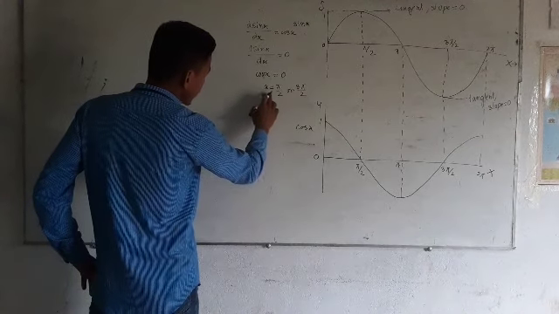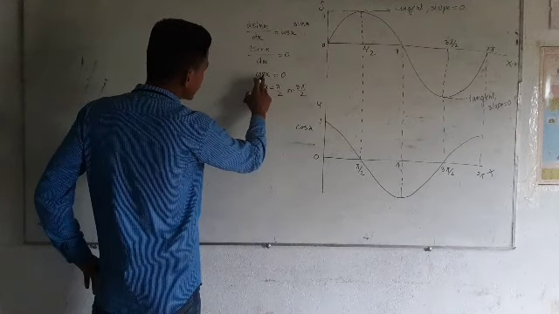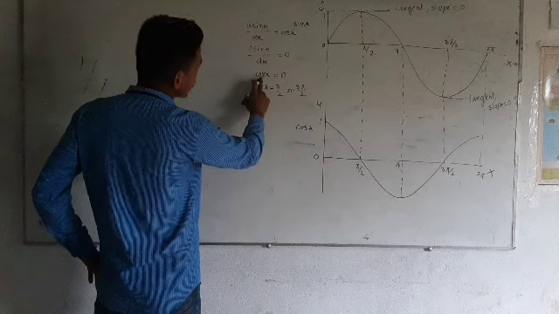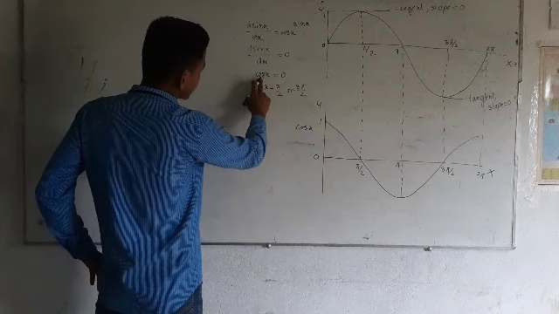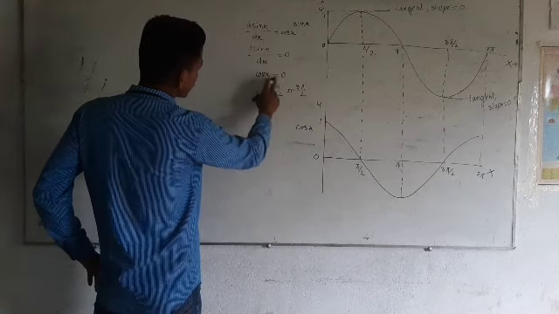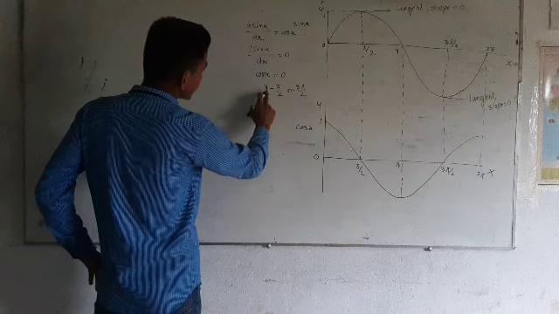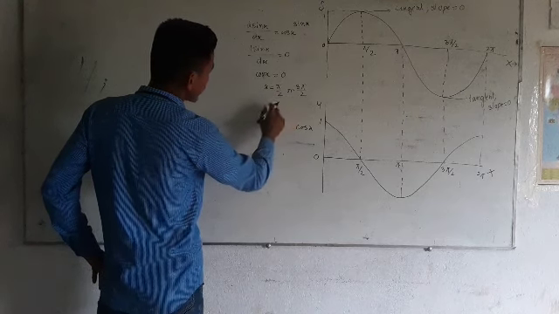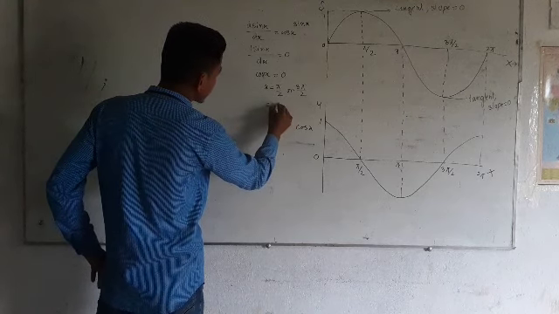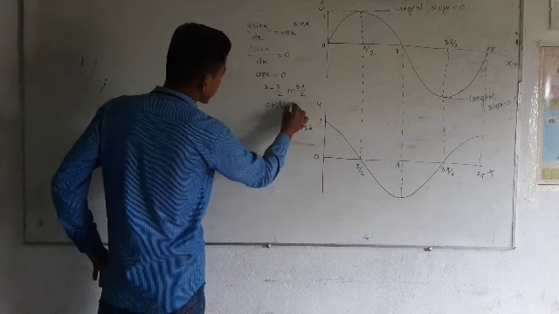When I set the general expression of the slope of the original function equal to 0, we get x equal to pi by 2 or 3 pi by 2. These are called critical points.